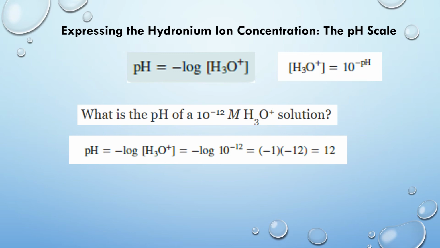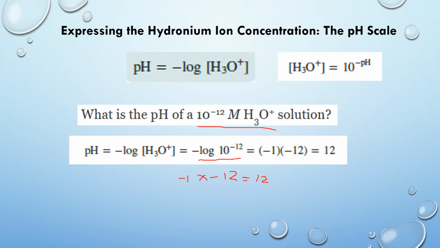For example, if you have a solution that contains 10 to the negative 12 molar of a proton, the pH is going to be equal to the negative log of 10 to the negative 12. The log of 10 to the negative 12 is equal to negative 12. And because you have a negative sign in the front, that's negative 1 times negative 12, which is equal to positive 12.